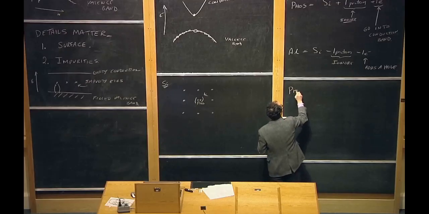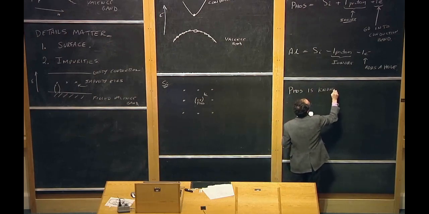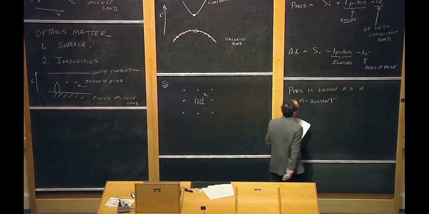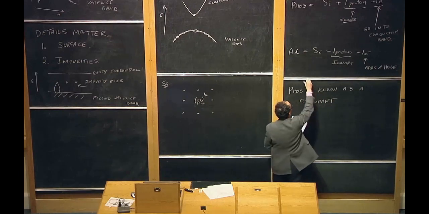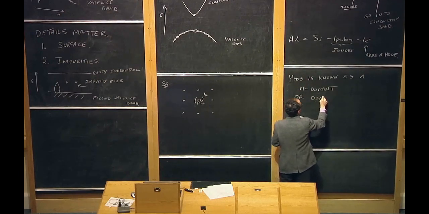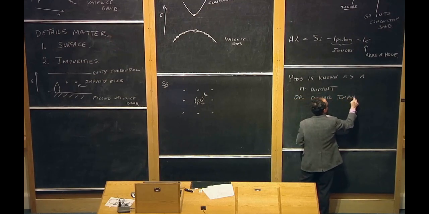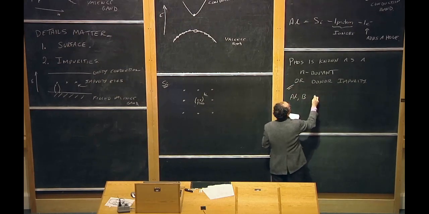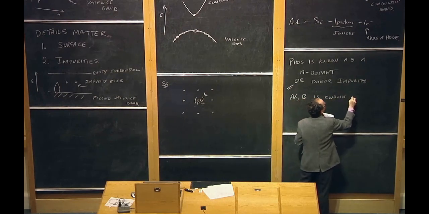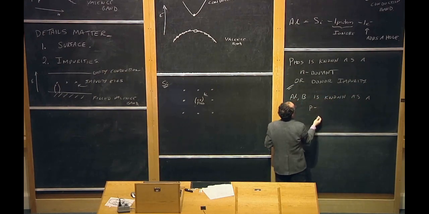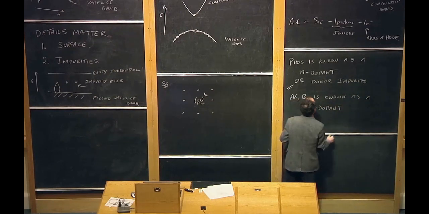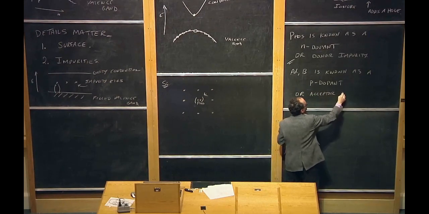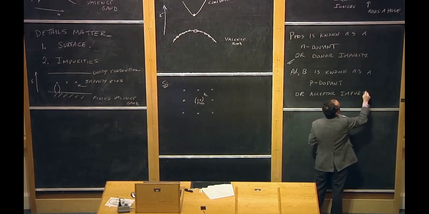Phosphorus is known as an n-dopant because it adds a negative charge, or a donor impurity, because it donates an electron, whereas aluminum or boron is known as a p-dopant because it adds a hole, or an acceptor impurity, because it accepts an extra electron.